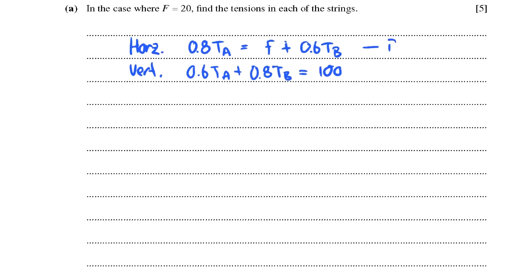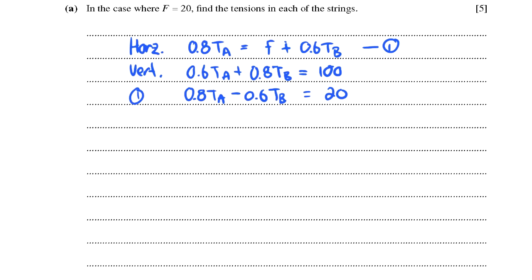Okay, so in the case where F is 20, we can rearrange the first equation that we created into the form of 0.8 TA minus 0.6 TB is equal to 20. We have two simultaneous equations that we can solve. In this case, probably the easiest way is to get the coefficients of TB to be the same. So what do 6 and 8 both go into? 6 and 8 both go into 24.